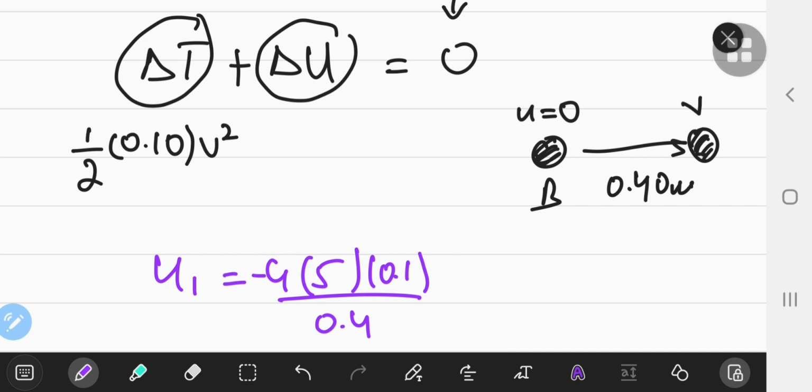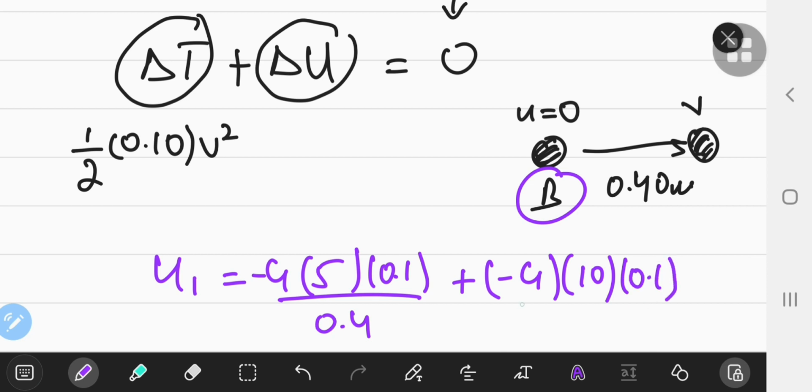And of course, the object B is in the gravitational field of both the 5 kilogram mass and the 10 kilogram mass. So I'm going to add another term for the gravitational potential energy due to its position in the 10 kilogram mass's gravitational field. So the distance there was 0.6.